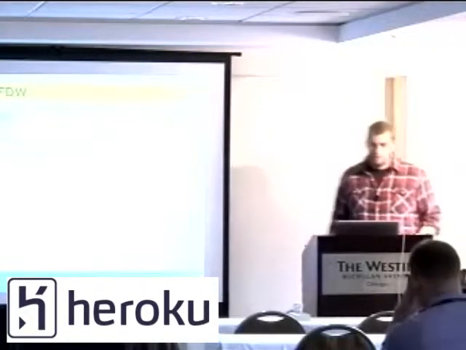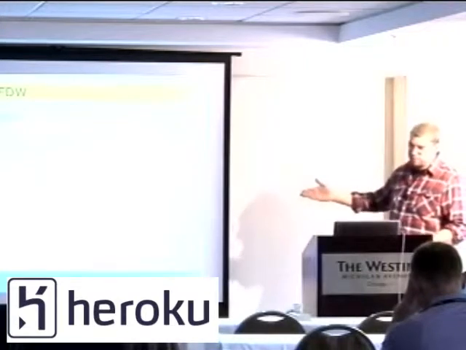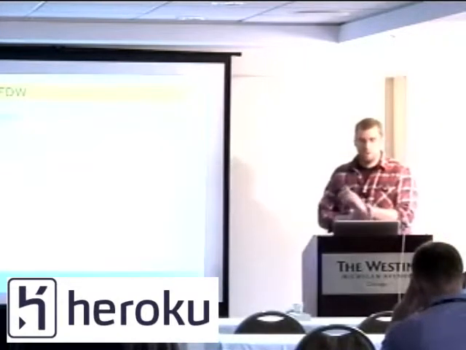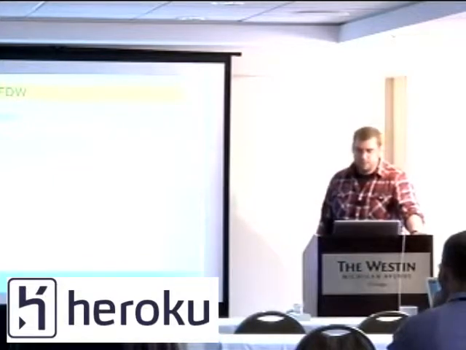Okay, so to actually create the FDW, I mentioned there are two functions. So we have some pretty straightforward create function calls, which we run at the SQL level. They're really pretty standard.